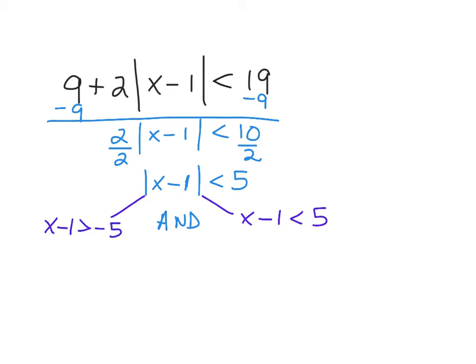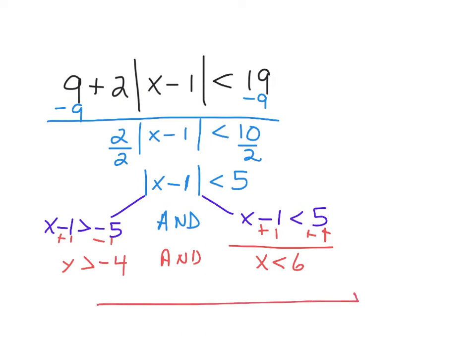So we're looking at all of the x's between those two things. And I'll solve. I get x is less than 6, and x is greater than negative 4. So on the number line, negative 4 this way forever, 6 this way forever.